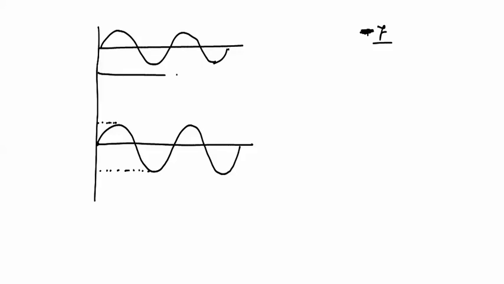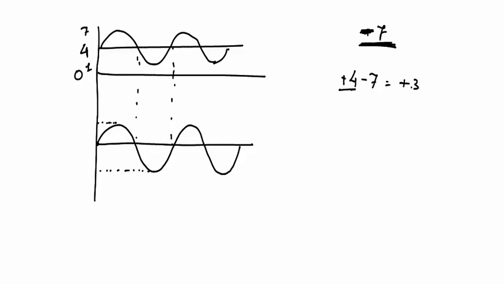If this is the input waveform, then the output waveform will look like the input waveform, but there will be a difference in the DC level. The clamper circuit shifts its DC level by 7 volt. At present its DC level is plus 4 volt, minus 7 will be, sorry, minus 3 volt.